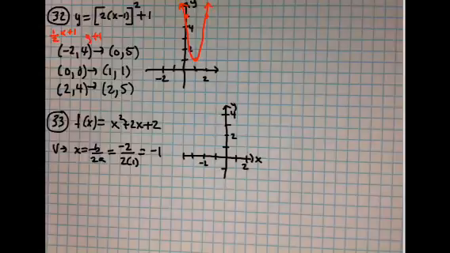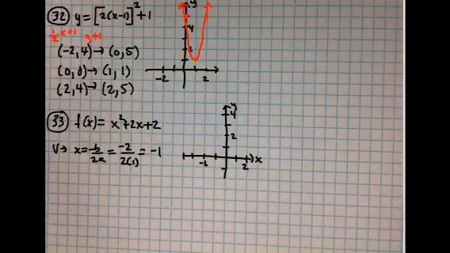And so when that's the case, it's best to find the vertex, and I use -b over 2a to find the x-coordinate of the vertex. So b is 2, so -b over 2 times a is 1, so 2 times 1. You simplify it, you get -1. So now you need the y-coordinate, right?